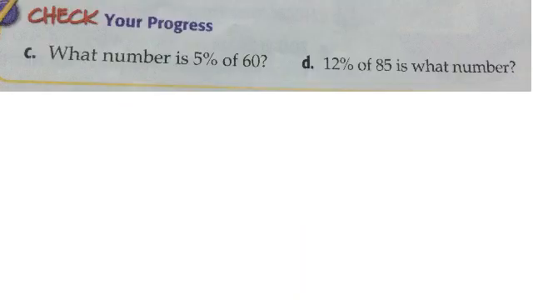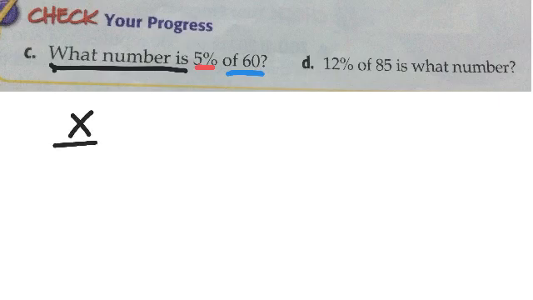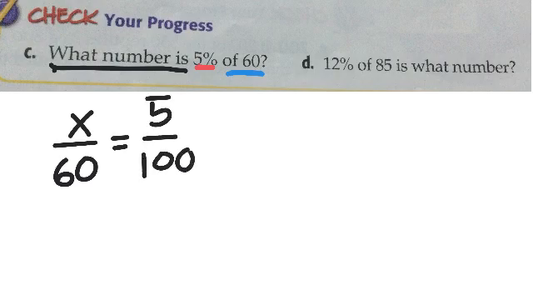So now you try to work these two, pause the video, see if you can work them. Okay, what number is, so again I'm missing the is. This time I have 5% of 60. So is, I don't know, over of, which is 60, equals percent, which is 5, over 100.